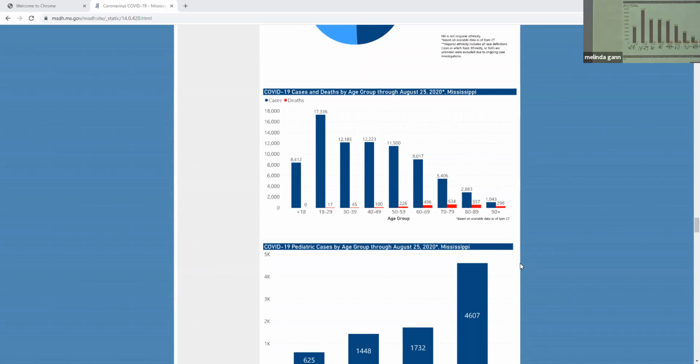That's who's got it more. There are 17,336 confirmed positive cases with people that are 18 to 29. If you're in your 70s, there's 5,406. That's less than a third.